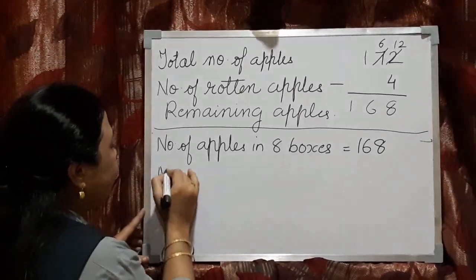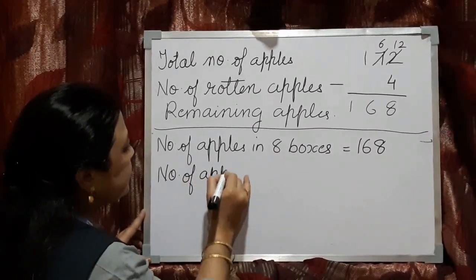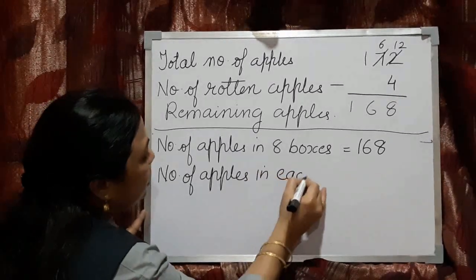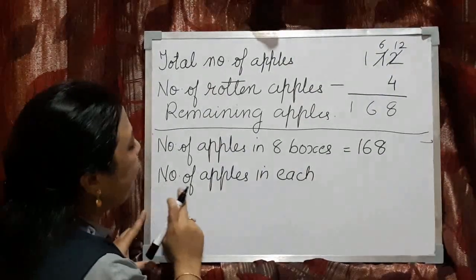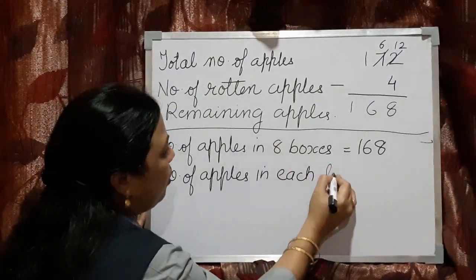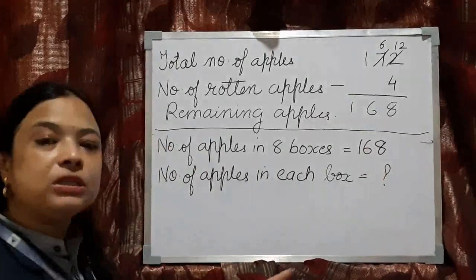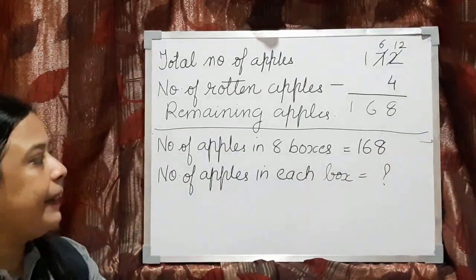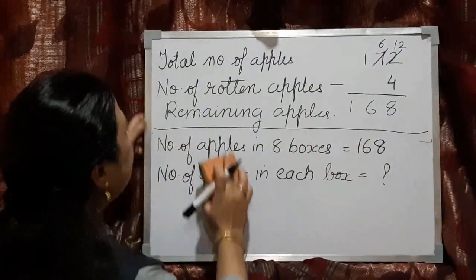But we have to find out number of apples in each box. So students, you have seen यहाँ पे भी हम लोग ने each कहाँ पे लिखा? सेकेंड लाइन में. Number of apples in each box is equal to how much? So this we are going to find out. तो हम क्या करेंगे? 168 divide by 8 करेंगे. So come on, I will rub this and do the sum.